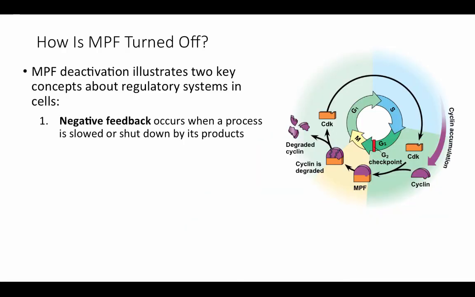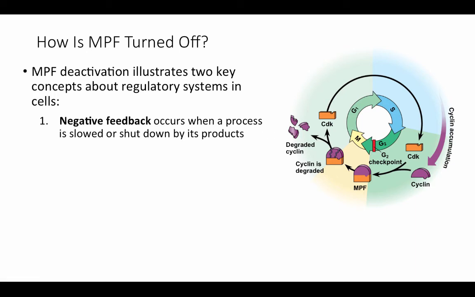So how is MPF turned off? At the end of the cell cycle, how does it go back into interphase? So MPF deactivation illustrates two key concepts about regulatory systems in cells. One is the negative feedback loop, and we've seen this before in negative feedback inhibition when we're thinking about enzymes, and this is going to occur when a process is slowed or shut down by an abundance of its products.